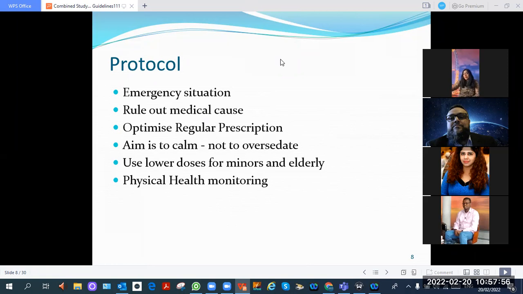I've used the ABC approach and the triggers. Then looking at mental state, as you said, looking at insight and checking their risk assessment in terms of past history of risk and current risk and any other risk factors like access to drugs and alcohol, access to weapons.